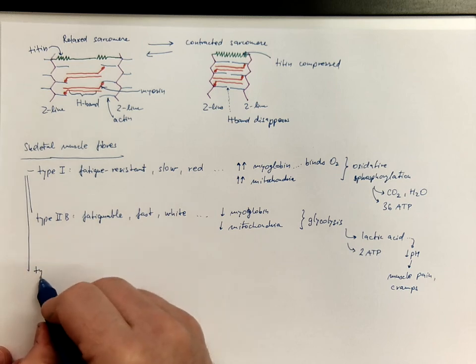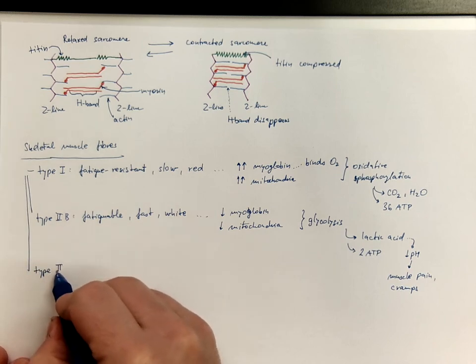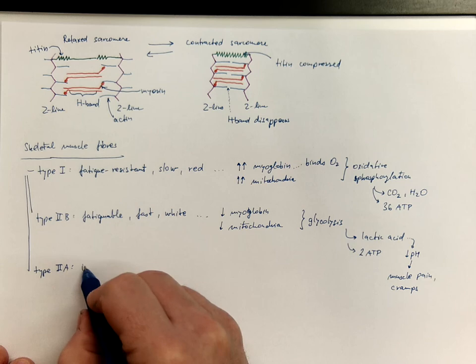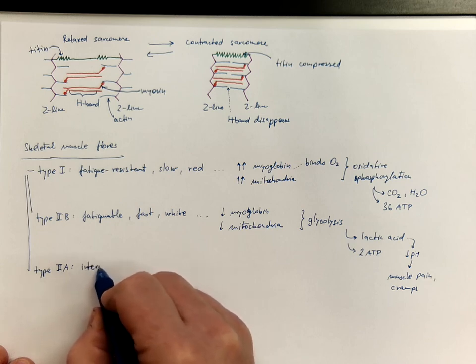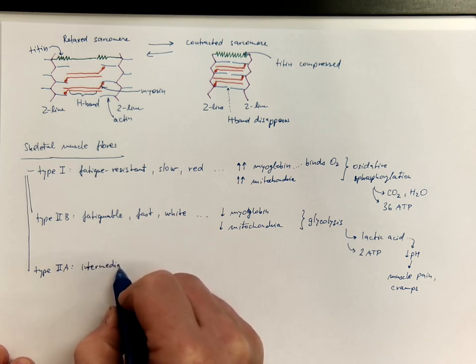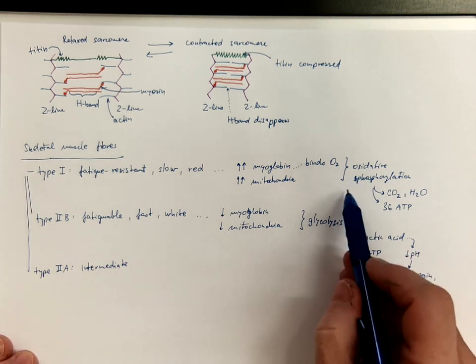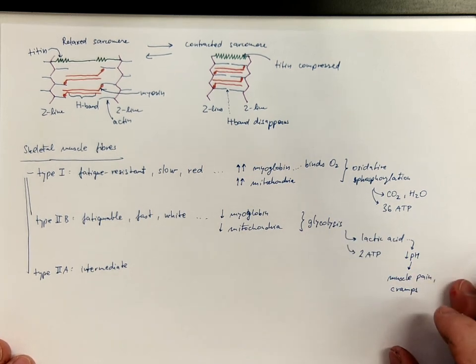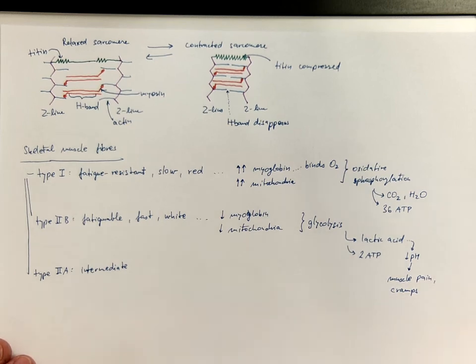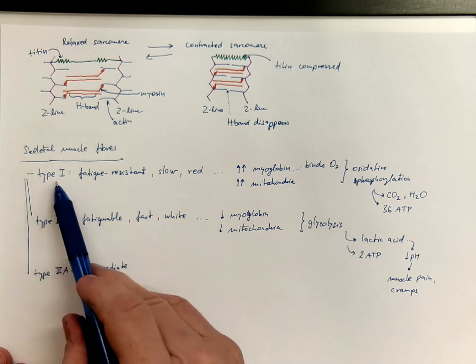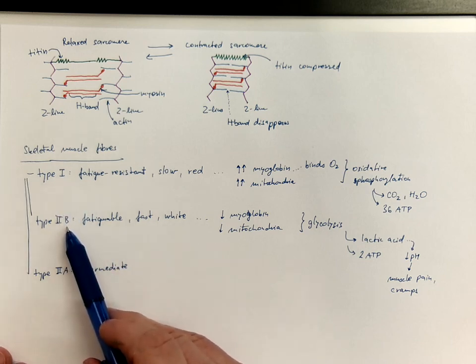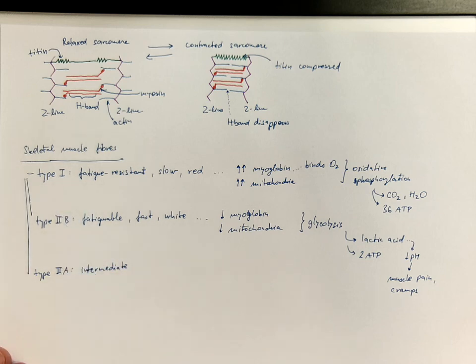The type 2A are intermediate. The fibers that utilize both mechanisms more or less evenly, and various muscles of human body contain various proportions of type 1, type 2b or type 2a muscle fibers.